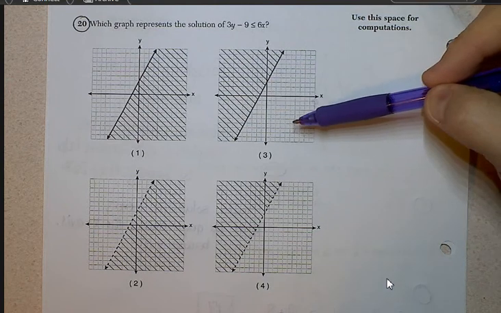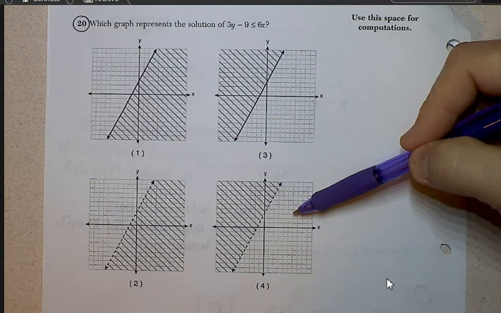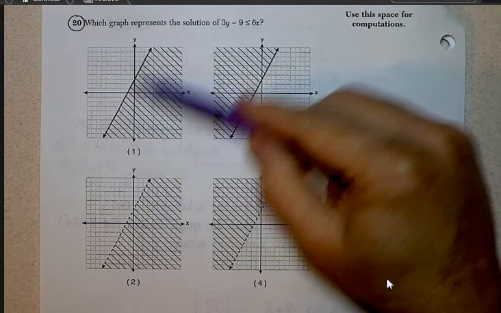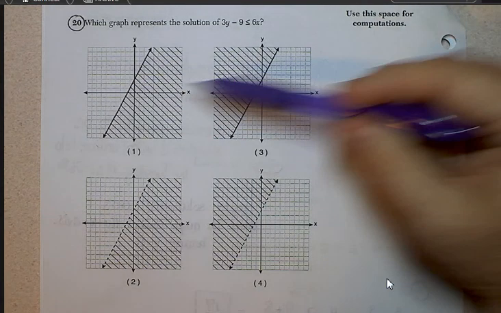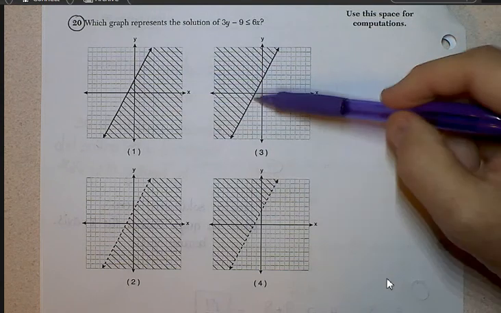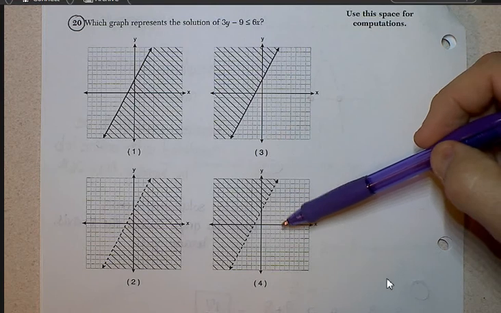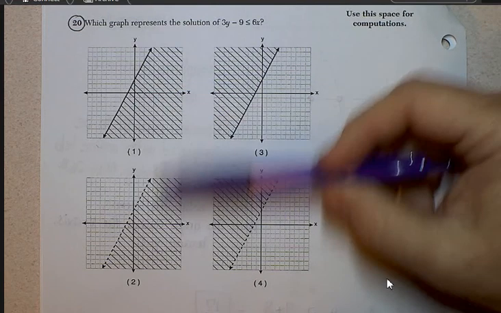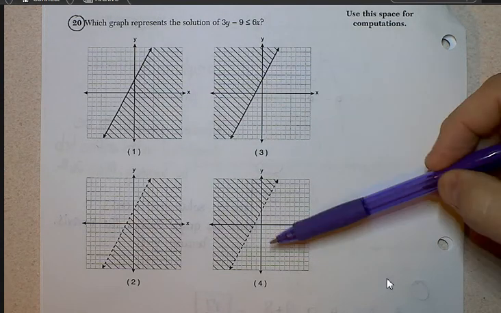But if you take a look at all four of these graphs, the line that's there is basically the same line. All of these lines are the same. What's different about them is in choices 1 and 3, they're solid. And in choice 2 and 4, they're dashed. And notice in choice 1 and 2, it's shaded below. And notice in choice 3 and 4, it's shaded above.